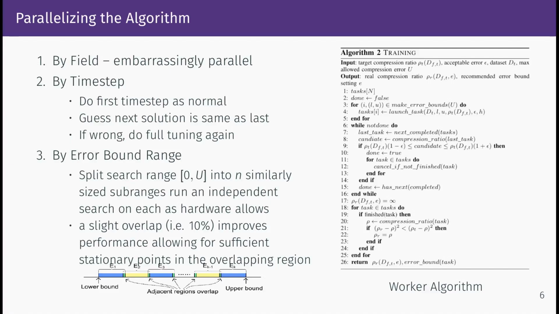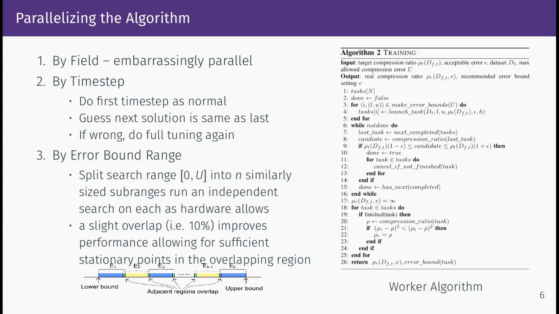Finally, we parallelize by error-bound range. So we're going to split the search range that the user has given us from 0 to u inclusive into n similarly sized subranges, and we run an independent search as hardware allows. So if we have n processors, we'll run them all at once. If we have some number of processors smaller than n, then we'll run them as the hardware becomes available.